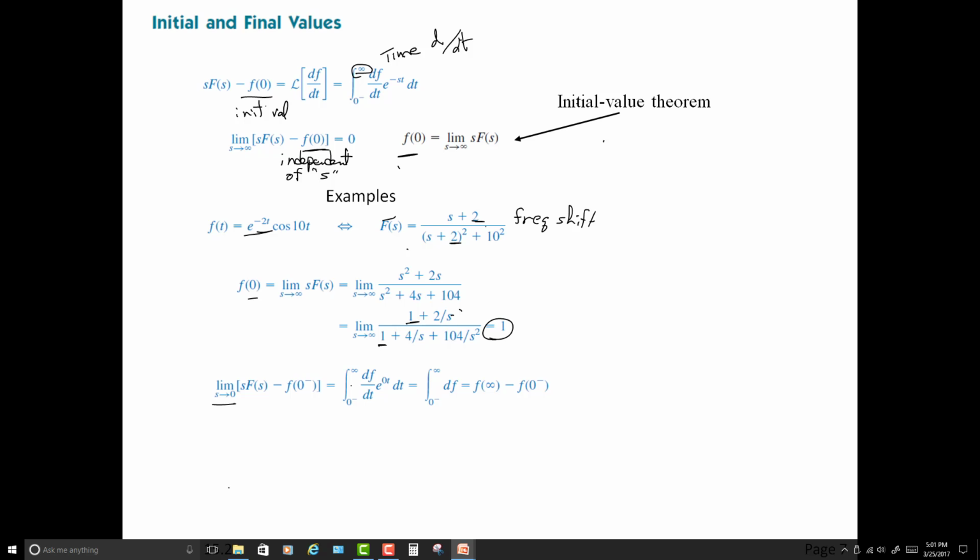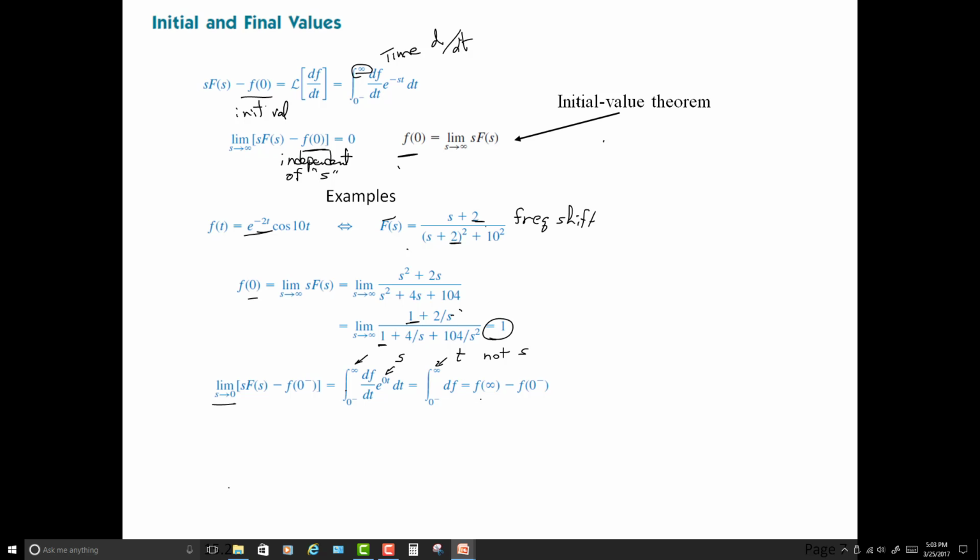Okay, so as s approaches 0, let me just remind you, these limits here are limits on t, not s. So by doing this, we plug in. Now this is s, and we're going to let s approach 0.